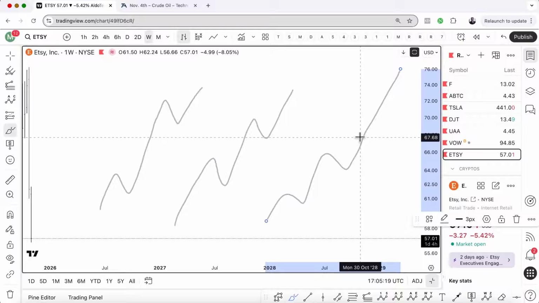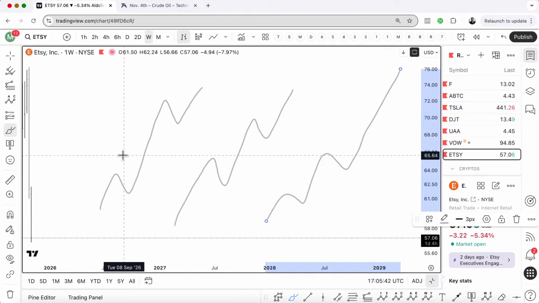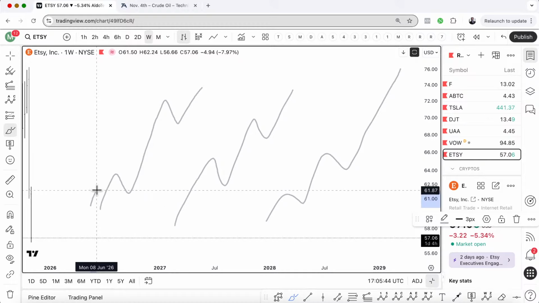Now, that typically is the case. In other words, we hardly ever, if ever, find an impulse where waves 1, 3, and 5, all the actionary waves, are the exact same size. So one of them is typically longer. Now, this is the interesting part. As you know, all of them should have 5 legs, right?